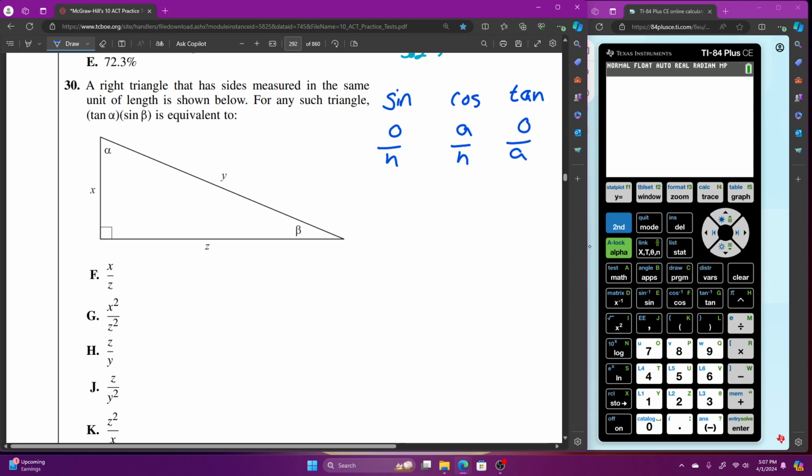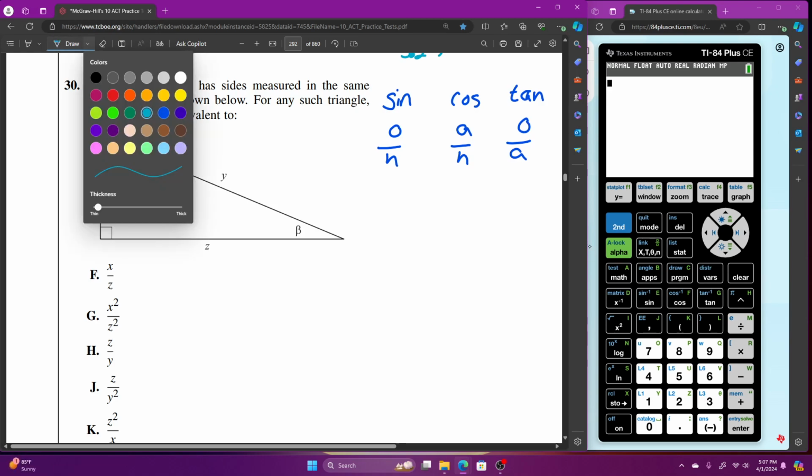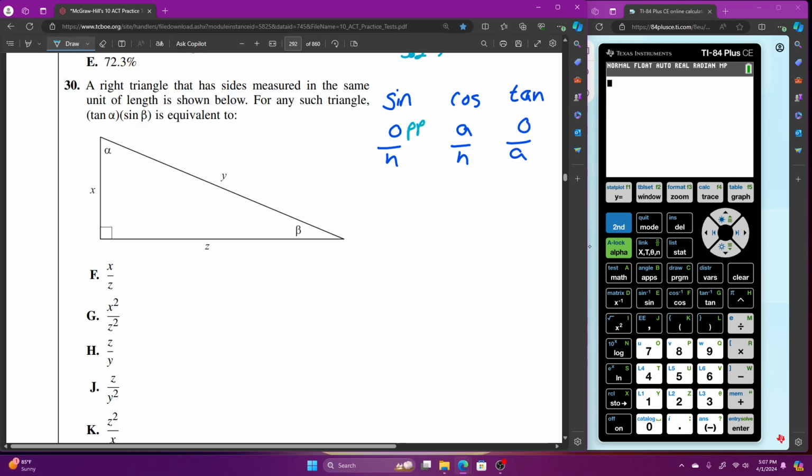And your sine ratio is your opposite over the hypotenuse. Cosine ratio is your adjacent over the hypotenuse. And your tangent ratio is your opposite over adjacent. And right away, we can see the hypotenuse is our longest side, our side across from our 90-degree angle.